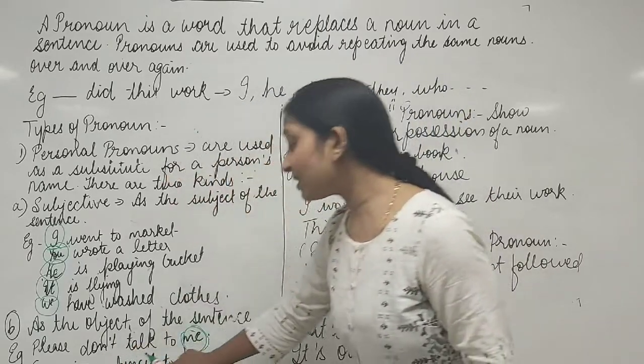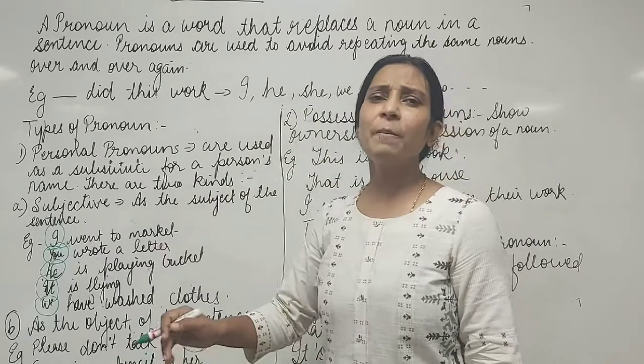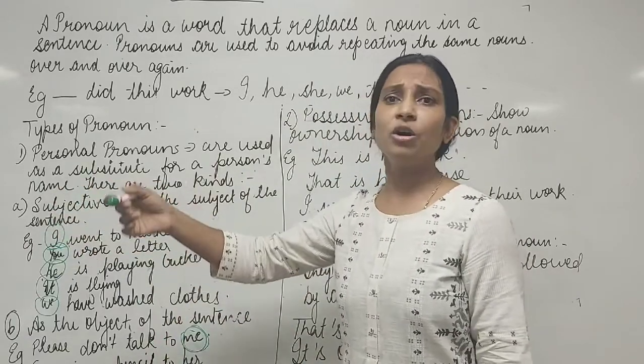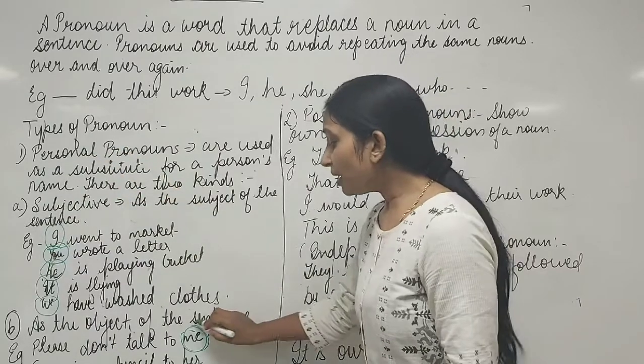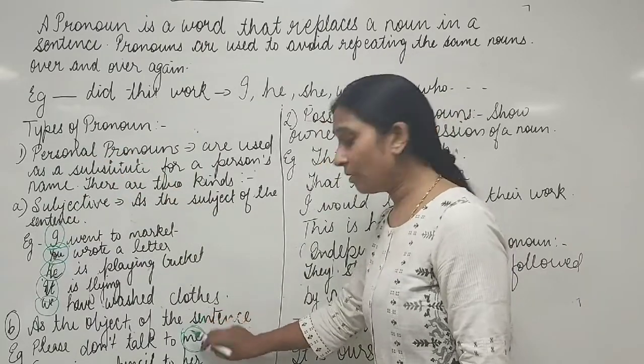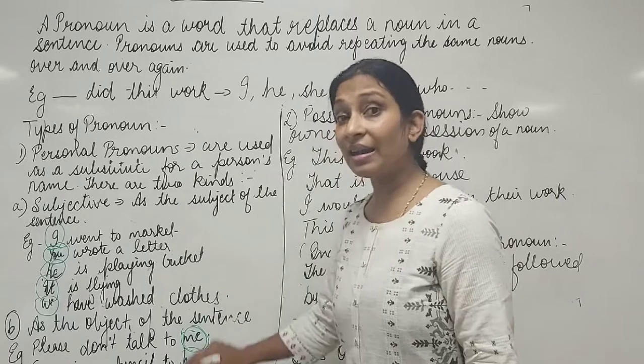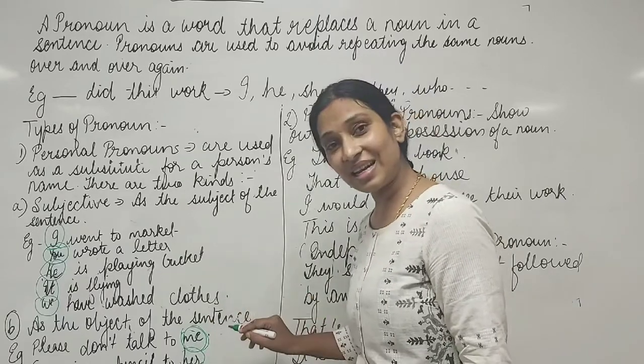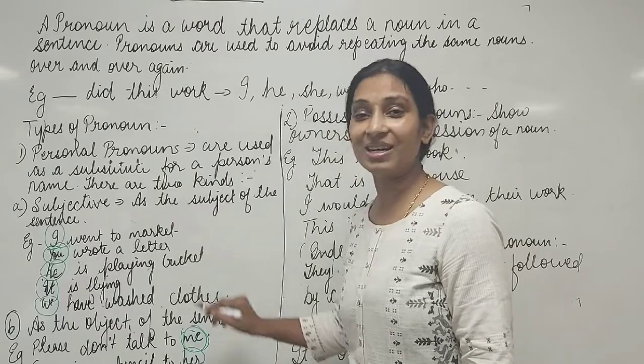Second, go give the pencil to her. Go give the pencil to, I can take anybody's name, right? Go give the pencil to Rita. So instead of Rita, what have I used here? Her. And her has been used at the end of the sentence as an object of the sentence.